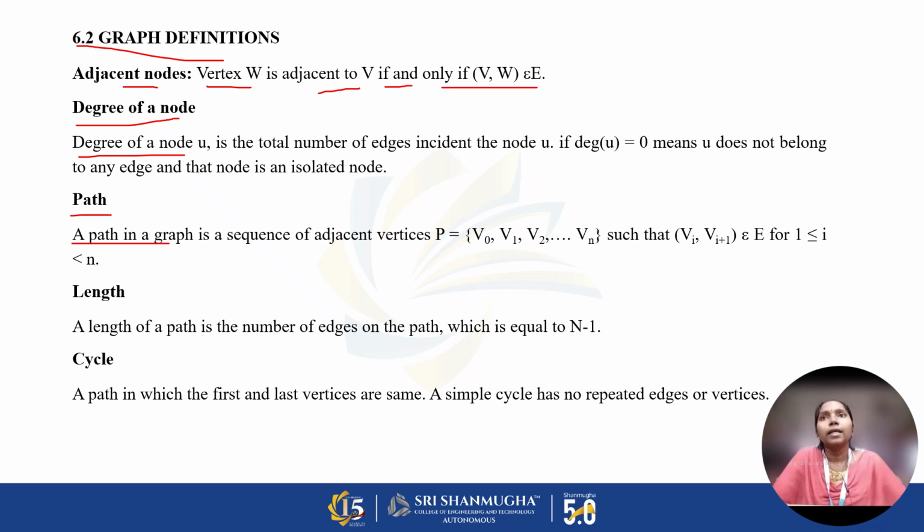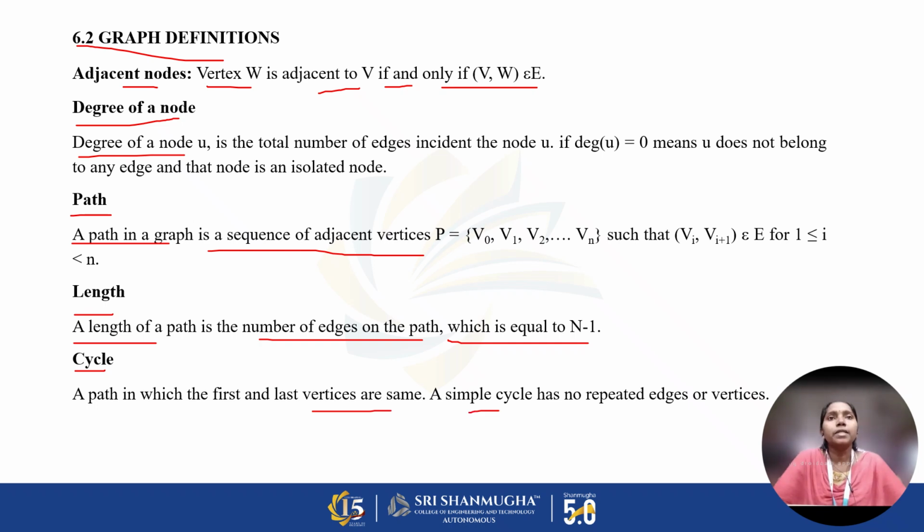Path: a path in a graph is a sequence of adjacent vertices, that is P = V0, V1, V2 up to Vn, such that (Vi, Vi+1) belongs to E for 0 <= i < n. Length: the length of a path is the number of edges on the path, which is equal to n. A cycle is a path in which the first and last vertices are the same. A simple cycle has no repeated edges or vertices.